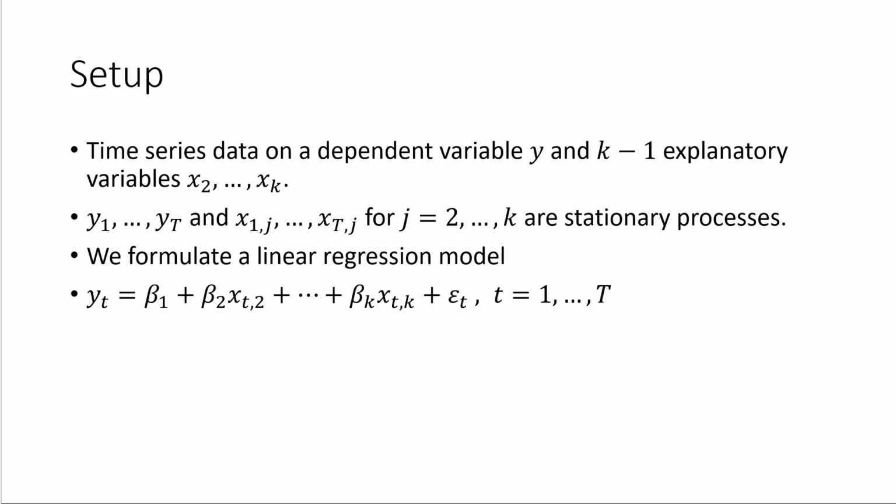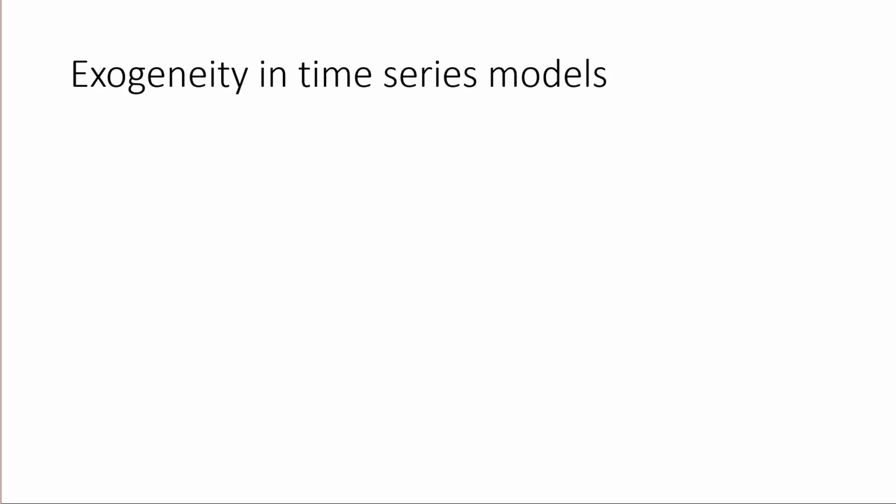Now with time series data, when we have kicked out the random sample assumption, the exogeneity assumption will still be important, but it will look slightly different. So let's move on and investigate the exogeneity assumption in time series models.